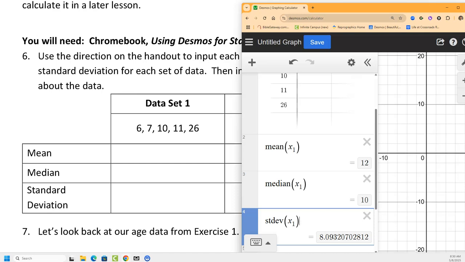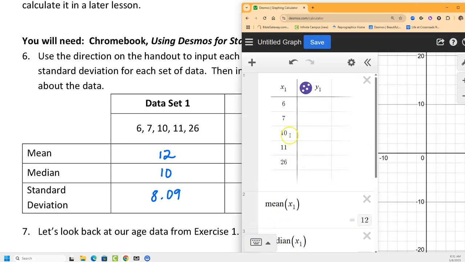So for that first set of data, we have that the mean was 12, median was 10, and the standard deviation was 8.09. Okay. Are we okay with that? Okay, now I'm not going to delete what I have there, but what I will do is I'll come up to my table and I'll delete these.